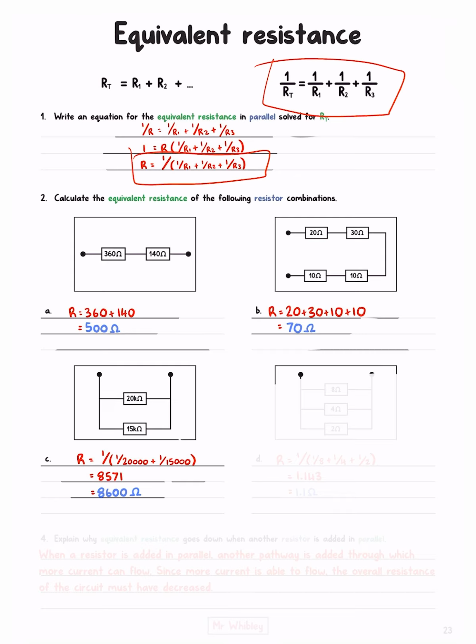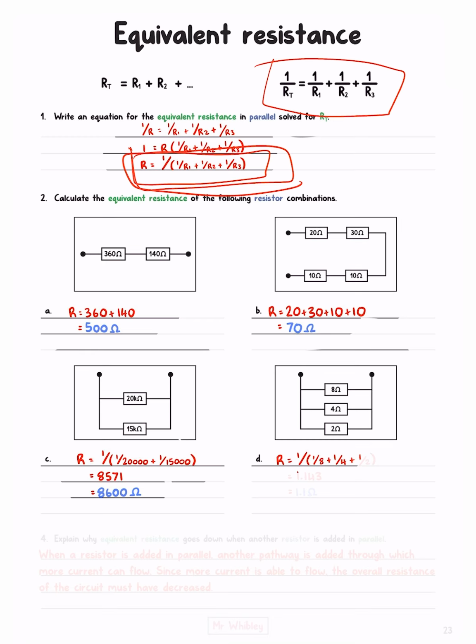For our last example, we have an 8, 4 and 2 kiloohm resistor, all of which are in parallel. Once again, using this equation up here, this time for 3 resistances, our total resistance is 1 over the sum of our 1 over resistances, which gives us 1.143 or 1.1 kiloohms to two significant figures.